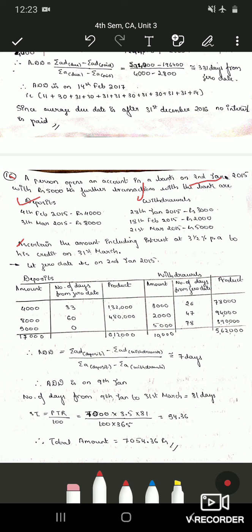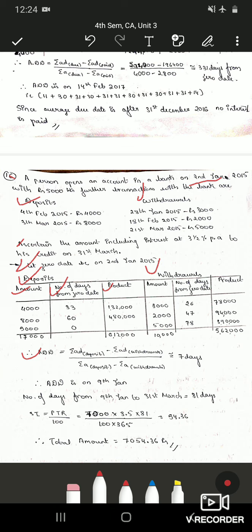He opens the account on 2nd Jan 2015, so we will take it as the zero date for our convenience. Now we'll make two columns, deposits and withdrawals. Write the amounts, the number of days from the zero date, and take the product for both. Now find the average due date, and you'll get approximately 7 days from the zero date. Because we are taking 2nd Jan as the zero date, the average due date will be on 9th Jan.